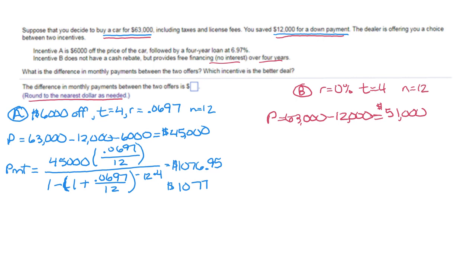So this one is actually a little straightforward. If you take your principal amount, because there is no interest being charged, you're going to divide it by how many payments you make over the 4 years. So we know that's going to be 12 months times 4 years, or the same thing as 51,000 divided by 48.